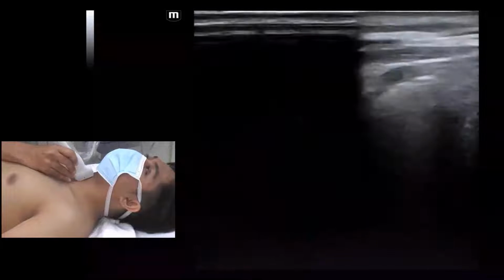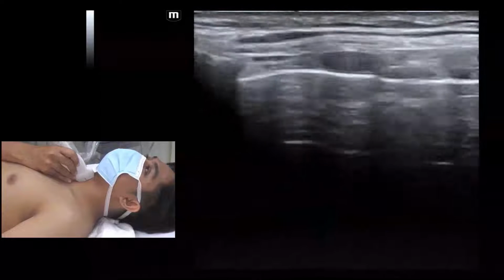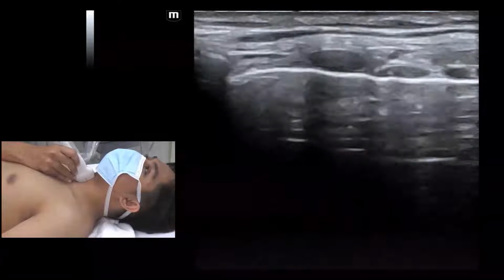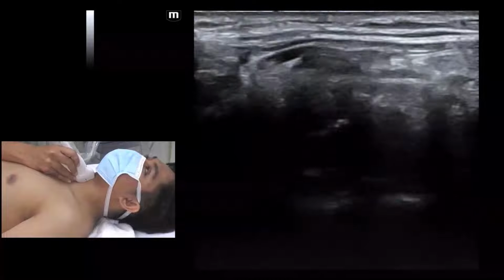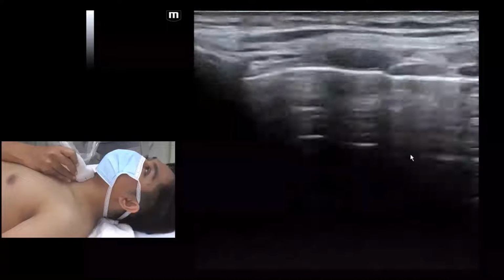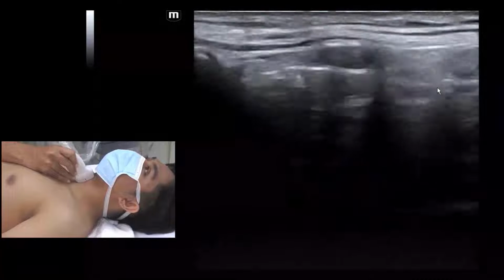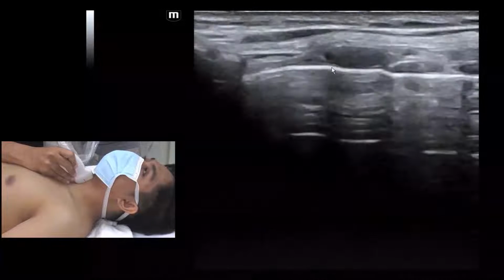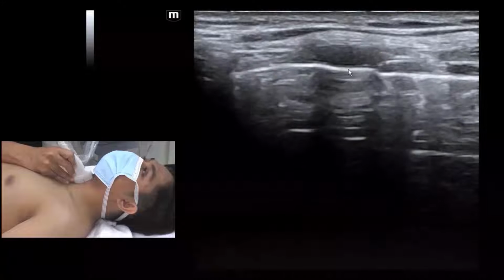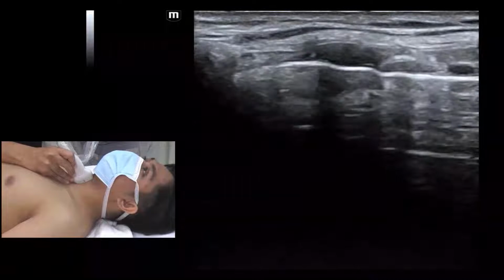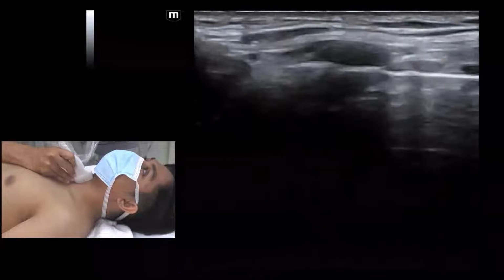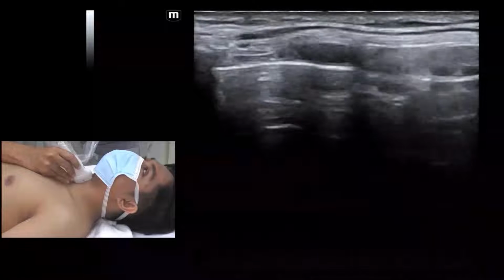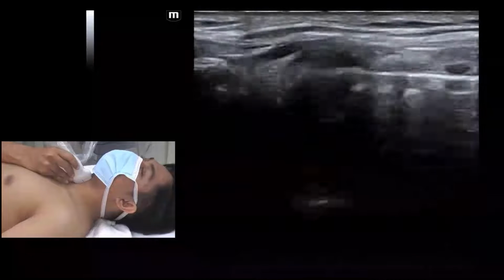So usually I would turn in a longitudinal fashion, and I will look for this. So this is the cursor, please. We are looking for the hyperechoic line, and when you have this, you know you are at the central part of the airway. There are hypoechoic structures here which I will explain to you.